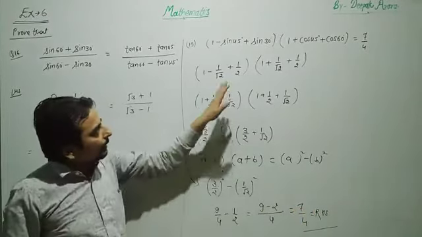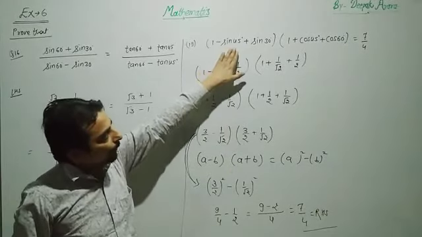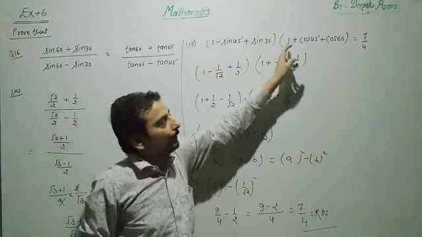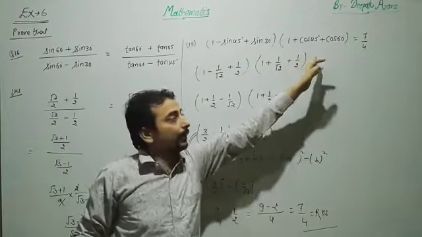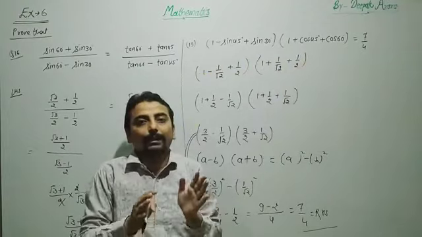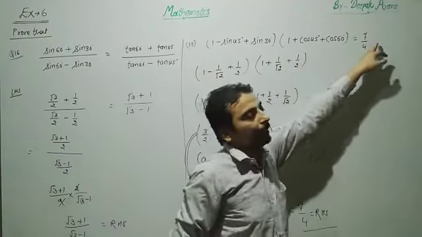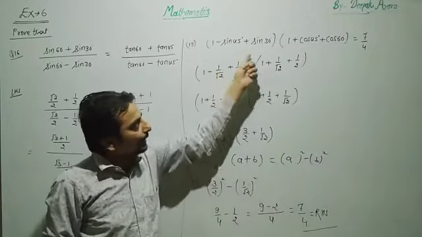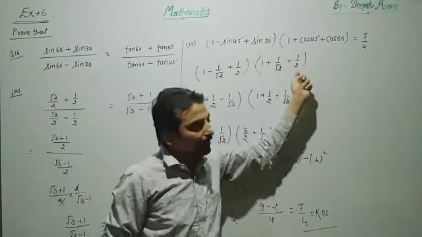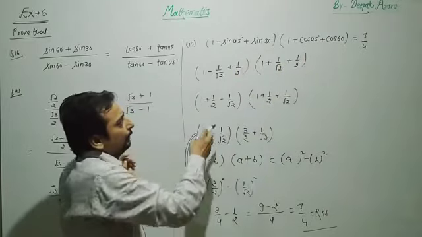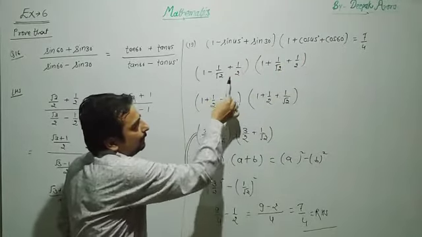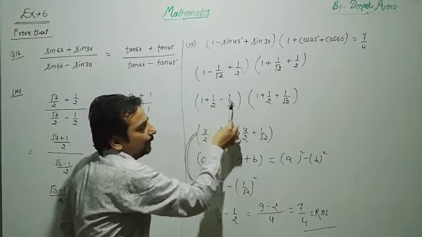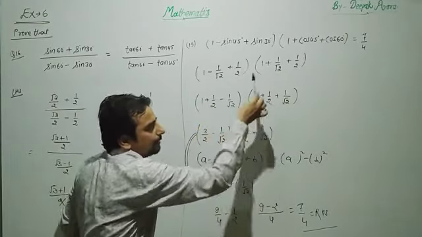Again, we have discussed the question: 1 minus sin 45 plus sin 30, multiplied by 1 plus cos 45 plus cos 60. We have proved that the value is 7 by 4. First of all, we put in the values of sin 45, sin 30, cos 45 and cos 60, and arranged the terms as 1 plus half minus 1 by root 2 and 1 plus half plus 1 by root 2.